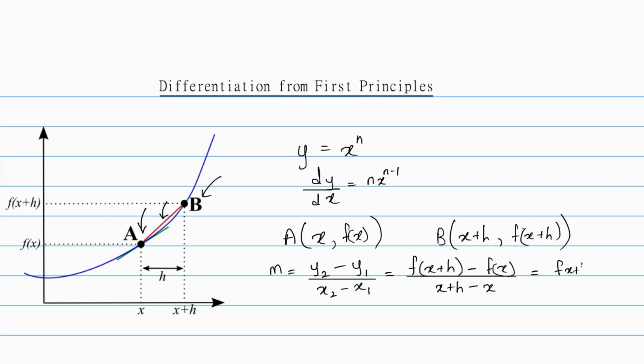that is equal to f(x plus h) minus f(x) divided by h. So here, like I said before, h is a very small value. Now imagine a case where h goes to 0. If h goes to 0, this gap slowly decreases and converges to this particular line.